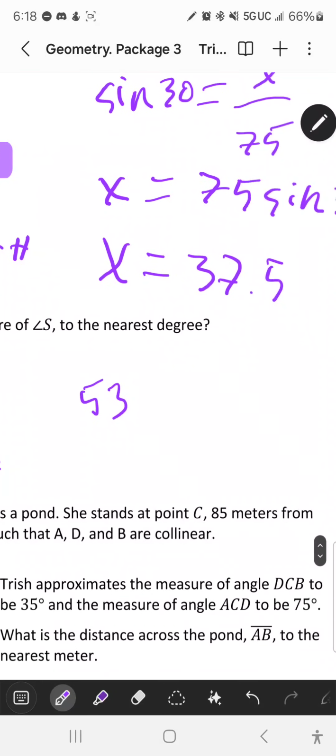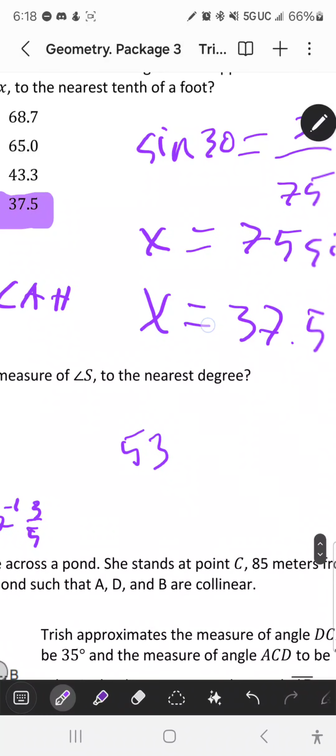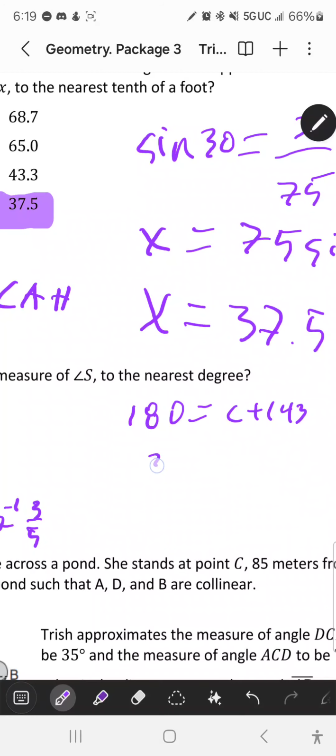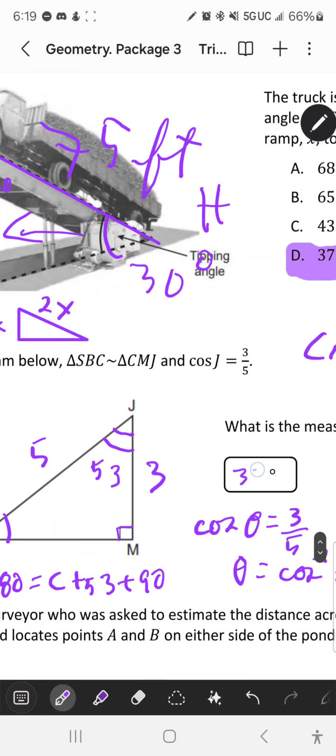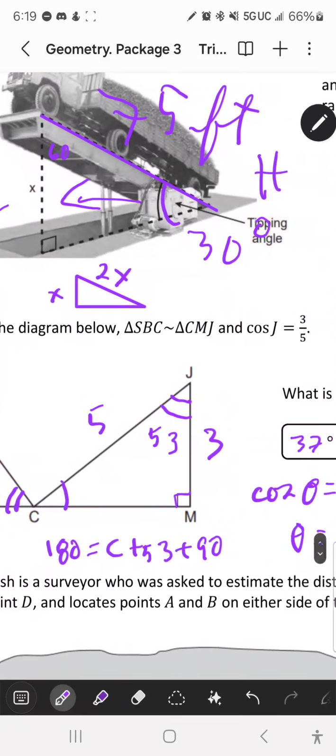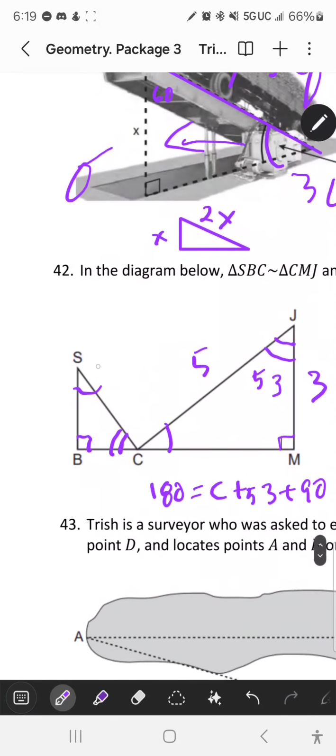I'm just going to write it all over here. So 180, 53 plus 90 is 143, so C plus 143. Then I subtract 143 from both sides and I get that 37 equals C. So that's my answer, 37. Because C is equivalent, so it's the same angle.